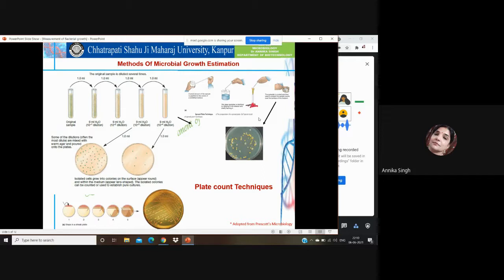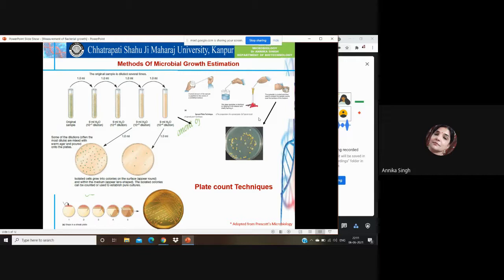For example, if 1 ml of a solution diluted by a factor of 1 into 10 to the power 5 yields 150 colonies, and 150 colonies is quite ideal for obtaining the pure culture, as I have told you earlier. These 150 colonies means 1.5 into 10 to the power 2 colonies.